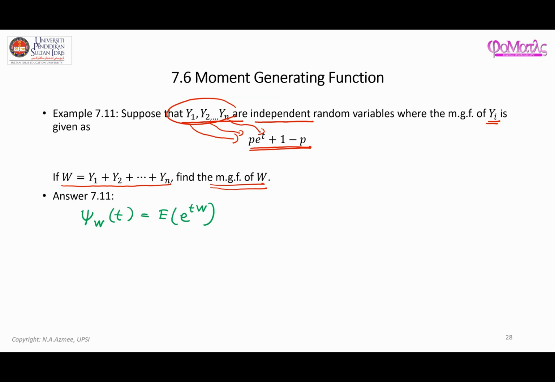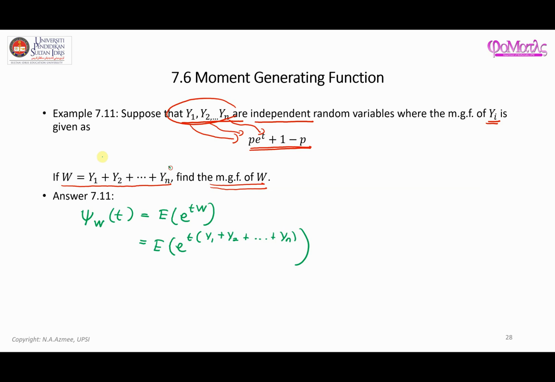So this is our random variable. And the next natural step that you can take is of course to substitute W with the given expression here, y1 plus y2 dot dot dot yn.